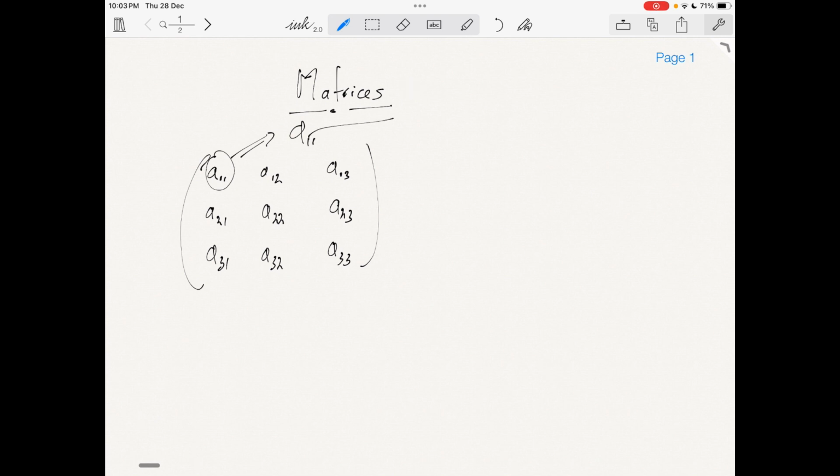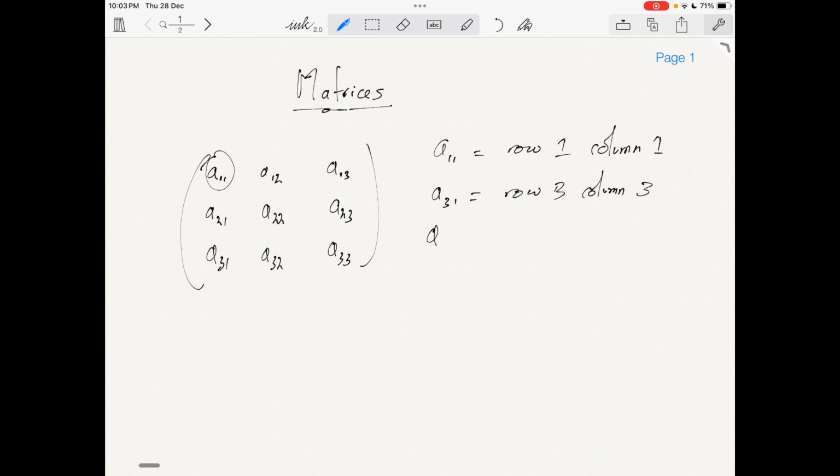So A11 is in row 1, column 1, and A31 will be in row 3, column 1, and A33 will be in row 3 and column 3.